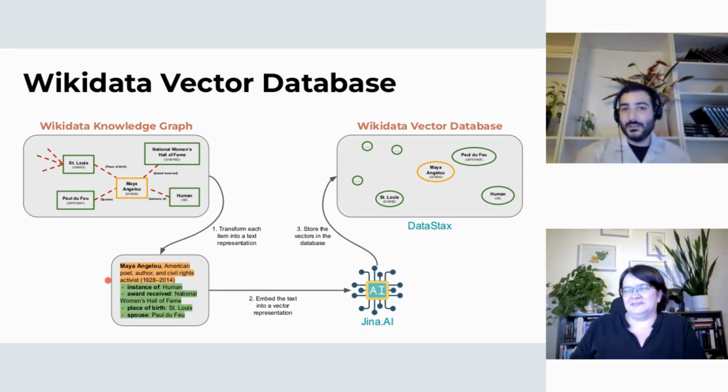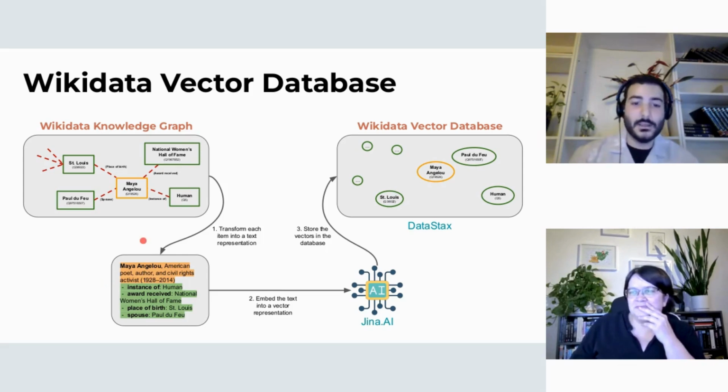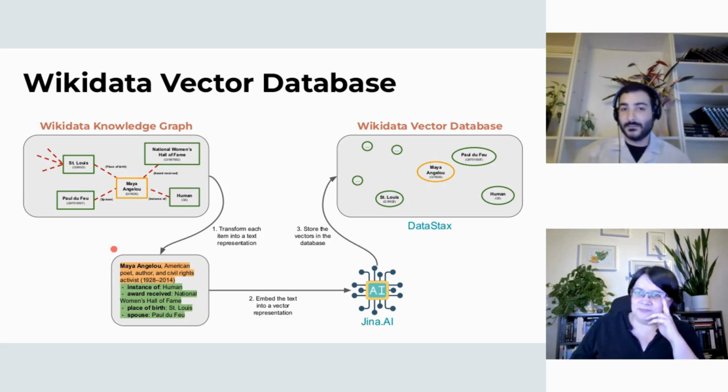So yeah, we're currently working with an embedding model. We're not training our own embedding model, so we're using a text-based embedding model. We tested different solutions of transforming a Wikidata item into text first, to then transform it into a vector.